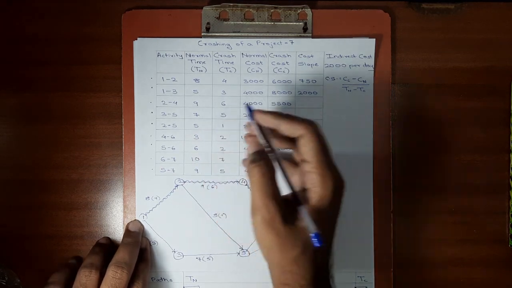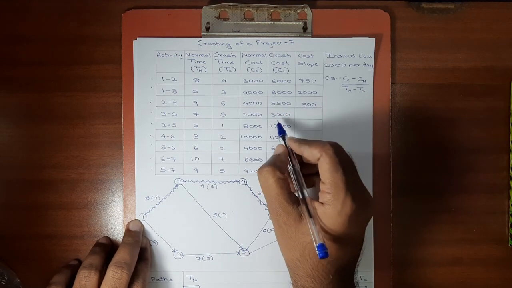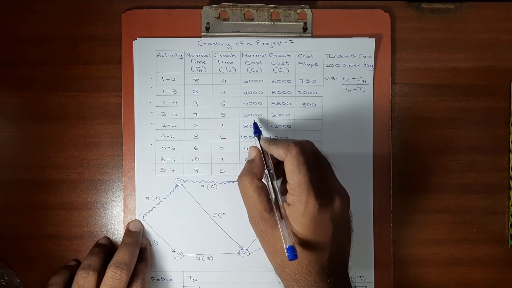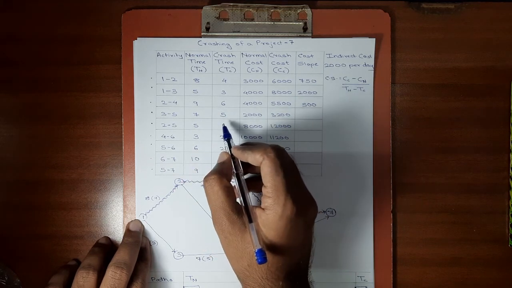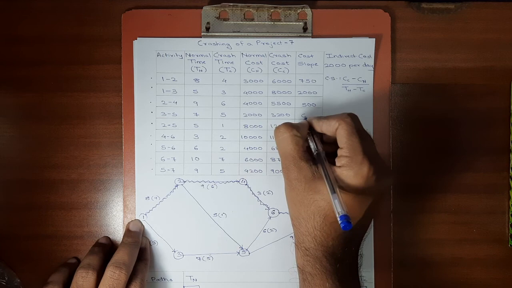So 1,500 divided by 3, the cost slope is 500. Next activity, 3,200 minus 2,000 gives 1,200. 1,200 divided by 7 minus 5 is 2. 1,200 divided by 2, the cost slope is 600.